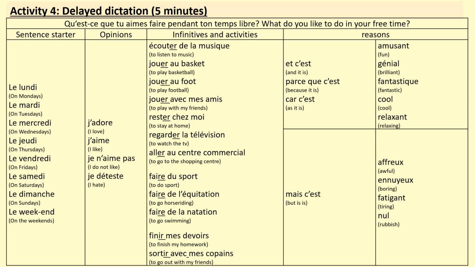So the first sentence, numéro 1: le lundi, j'aime jouer au basket parce que c'est amusant. I'm going to count down from 10, and then you're going to pause the video, write the sentence in your books, and then press play.